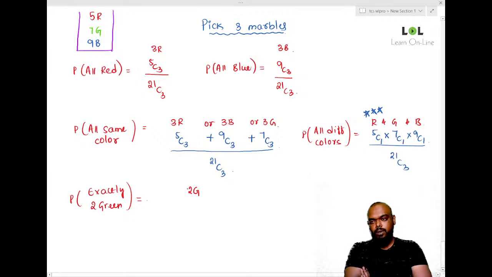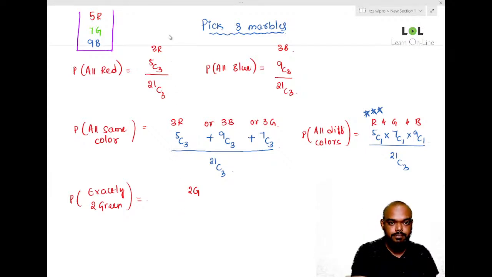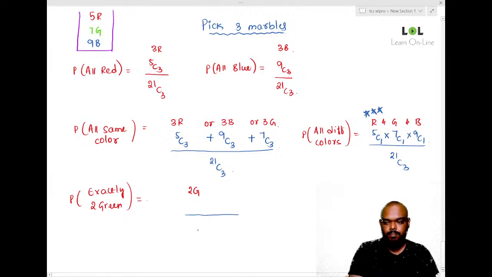Tarun, no. You're picking 2 green, that is right. But what about the third marble? Look at the main condition of the question. You're picking how many marbles there? 3 marbles. Okay, observe here. Total cases will not change.